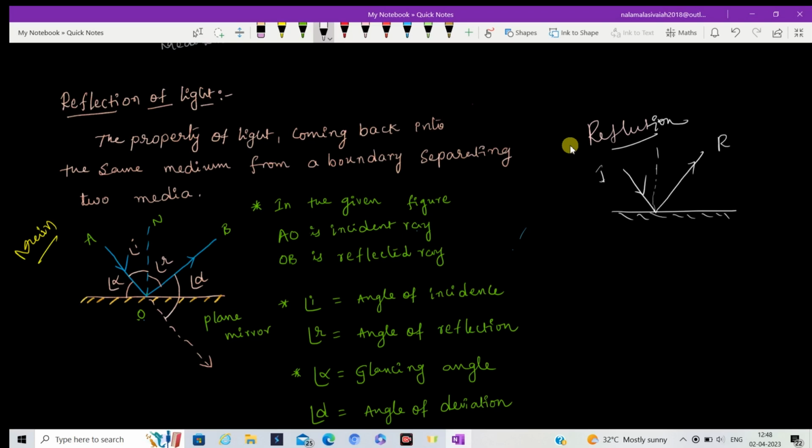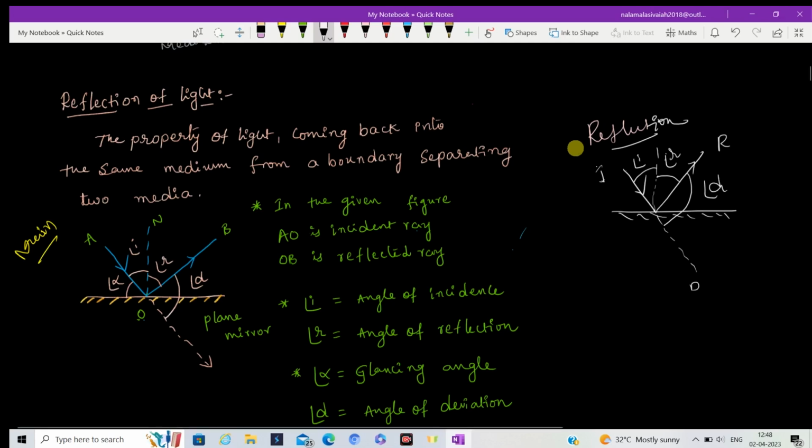So the angle between the incident ray and the normal line is called the angle of incidence. The angle between the reflected ray and the normal line is called the angle of reflection. The line which is deviating from the surface is called the deviator line. The angle between the reflected ray and the deviator line is known as the angle of deviation.